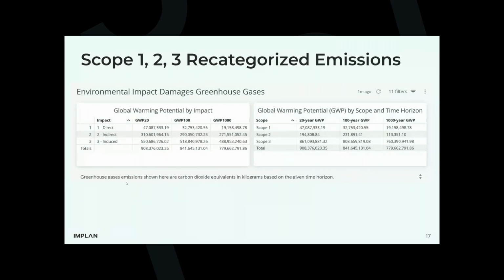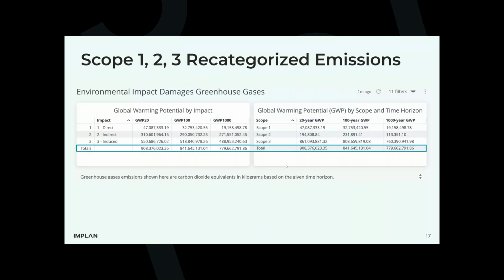So here's an image of the summary version of what you'll see for scope 1, 2, and 3. This is a basic analysis of just looking at a data center. And on the left-hand side is the more traditional categorization of direct, indirect, and induced. So what I'm demonstrating here is just that our totals of direct, indirect, and induced impacts for emissions is equivalent to the sum of scope 1, 2, and 3 emissions.